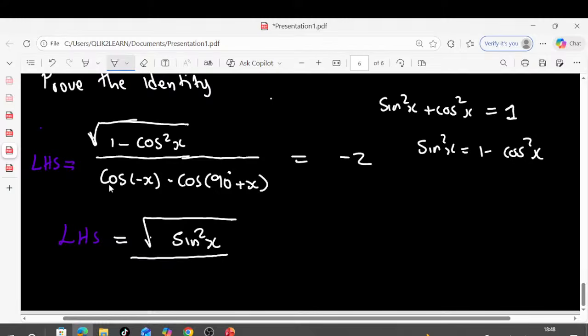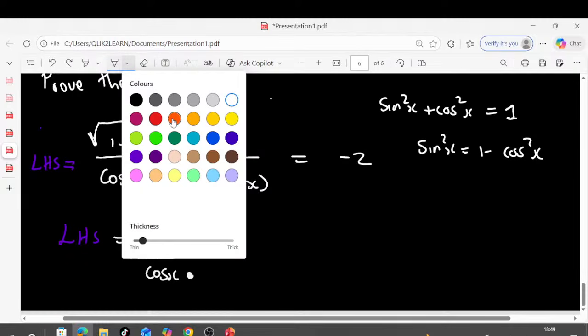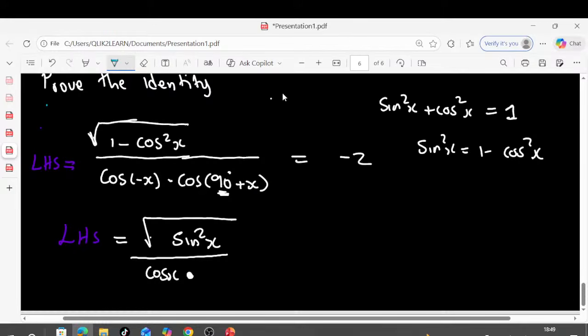We have the negative angle, and this is in quadrant 4. So this is the same as positive cos x, which is multiplied by cos of 90 plus x. This is a co-function. And where is the 90 plus x? If I draw a diagram like this, this is my 90.